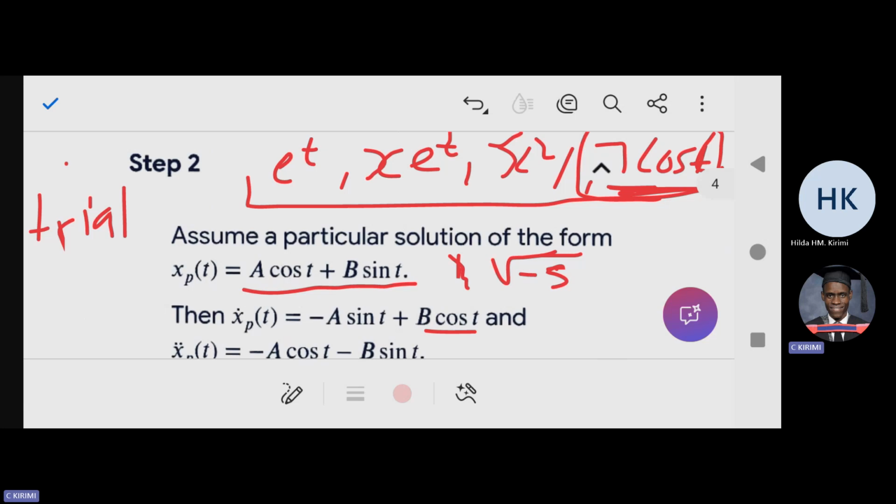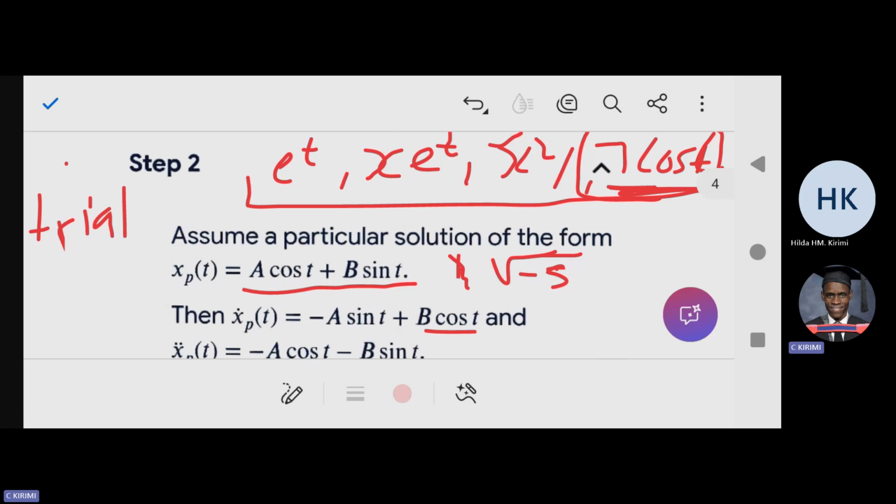But in our case, there was 7 cos t. It's a trig function. What do trig functions represent? They represent that the roots for that function were non-real. When you find b squared minus 4ac, the middle term is giving you a negative.